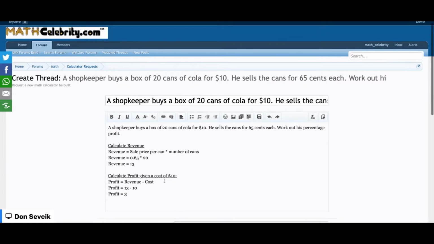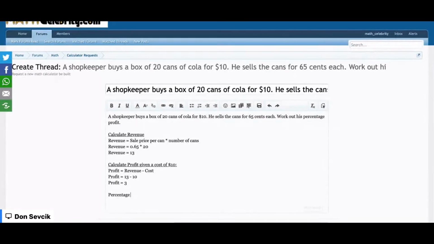And what I think this is asking is percentage profit equals profit divided by revenue times 100%. So we've got this, calculate this. Okay, we've got profit of 3, revenue of 13 times 100%.